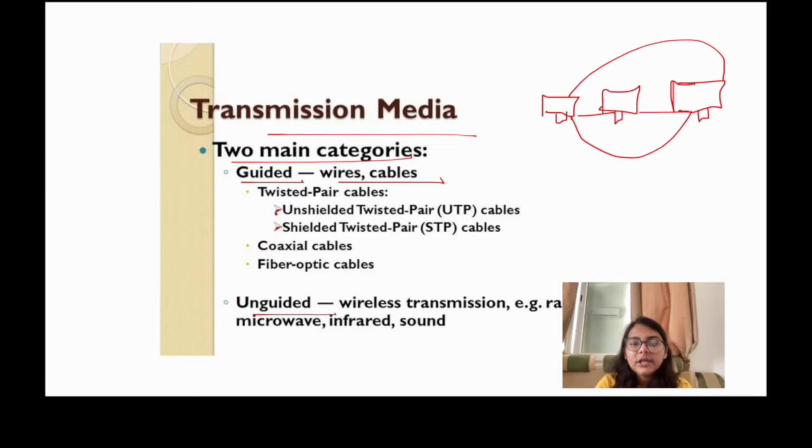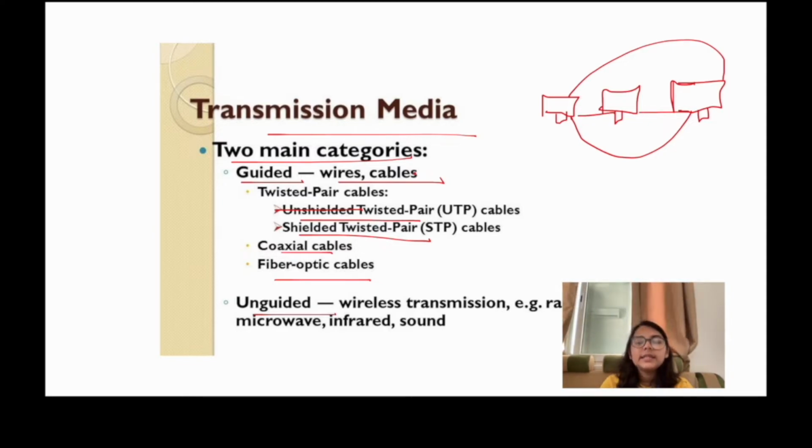Then twisted pair cables: unshielded twisted pair cables are also used, and shielded twisted pair, coaxial cables and fiber optic cables are some examples of the cables students use to interconnect the computers.